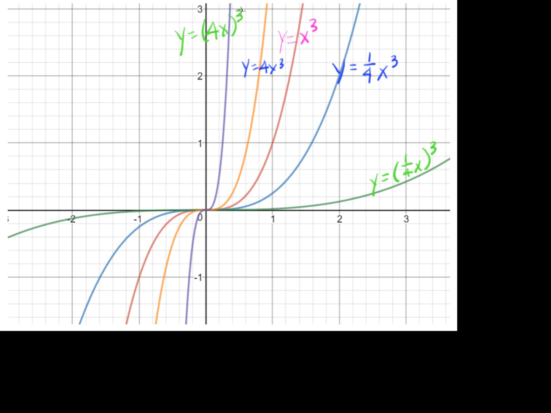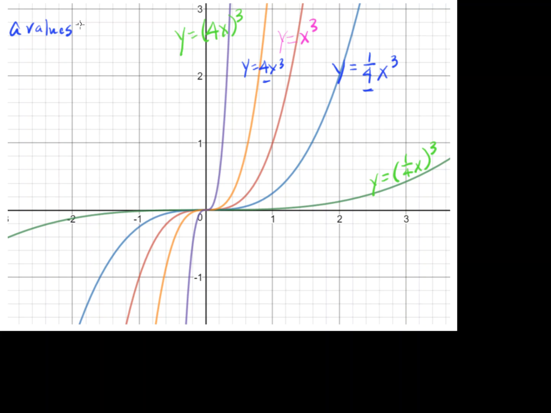Okay, so let's go ahead and decipher this. First of all, the numbers in blue, this 1/4 and 4, are called a values. A values are outside of the function and they multiply the entire function.